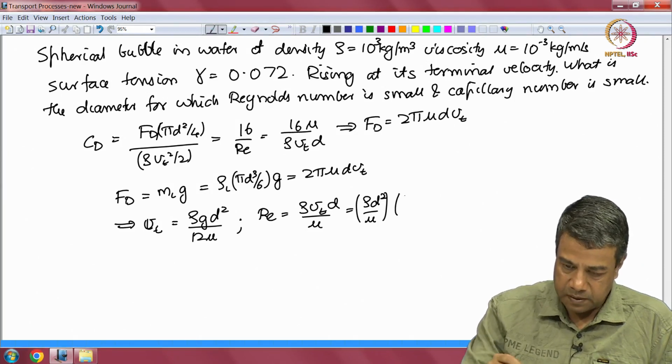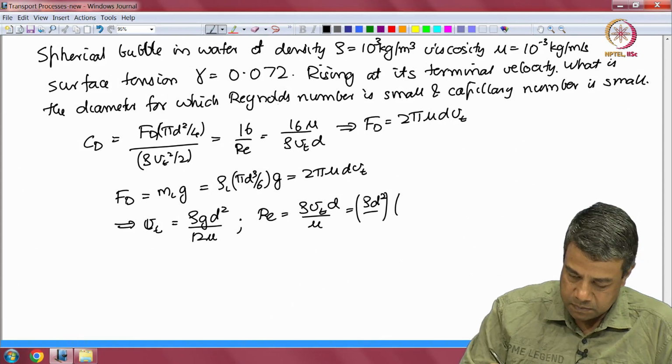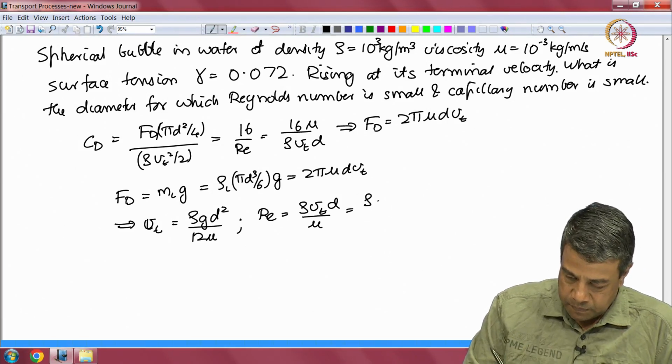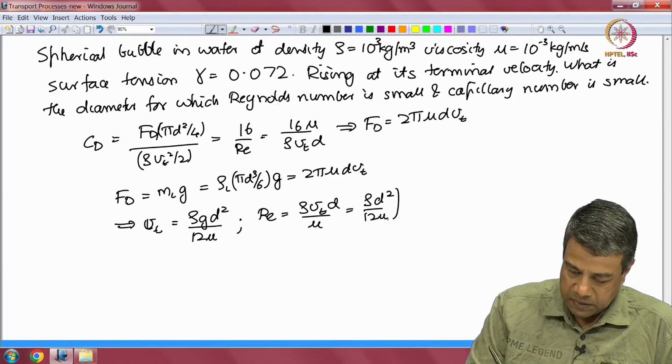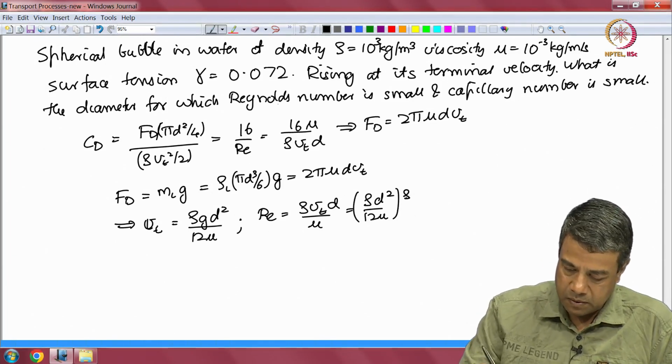into that is the terminal velocity into rho d by mu.